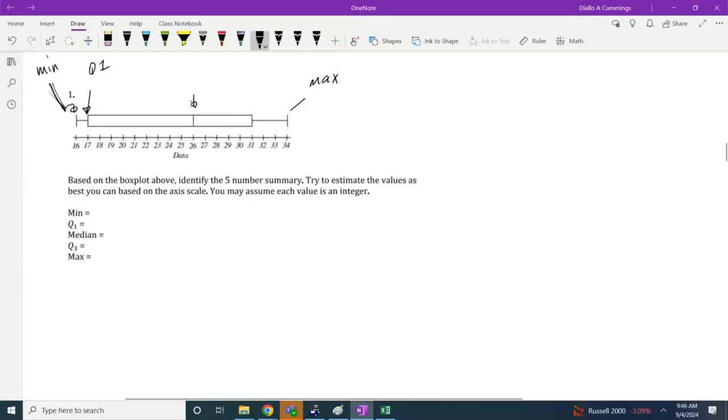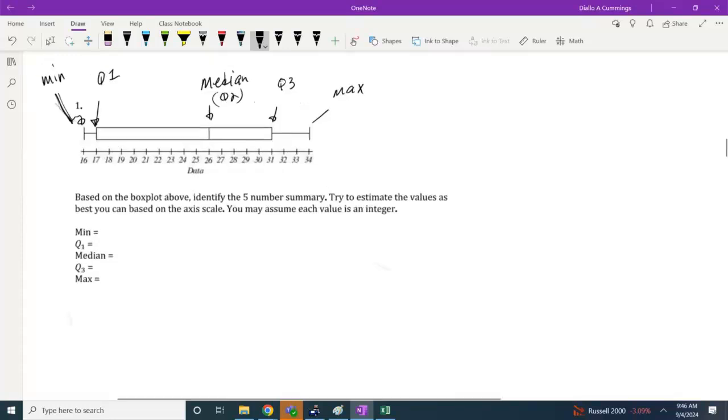Now, even though this is not exactly in the middle, but it's in the middle of Q1 and Q3, this is actually the median, or Q2. And then we have Q3.